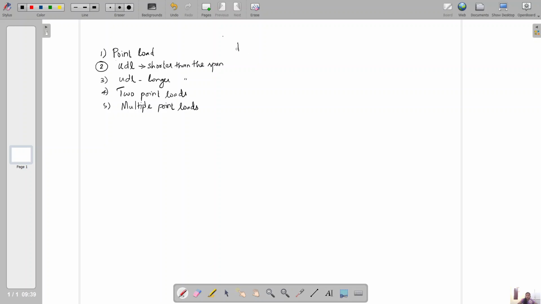So a single point load will be given with some magnitude, 10 kilonewton or something. For UDL, the span of the bridge is larger than the UDL given value. And UDL longer than the span, that is, you consider the span of the load is very large compared to the span of the beam.